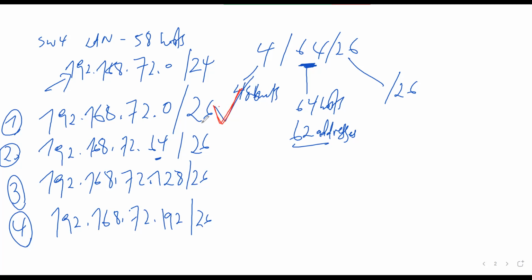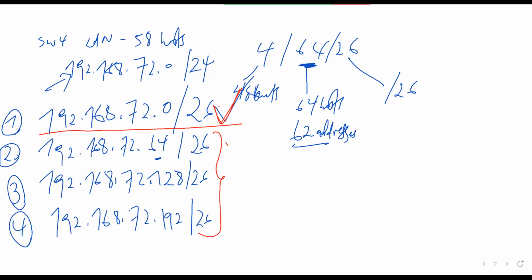This one in red becomes our first network, 192.168.72.0/26. The rest of the subnets, we are going to use to assign to the other networks.